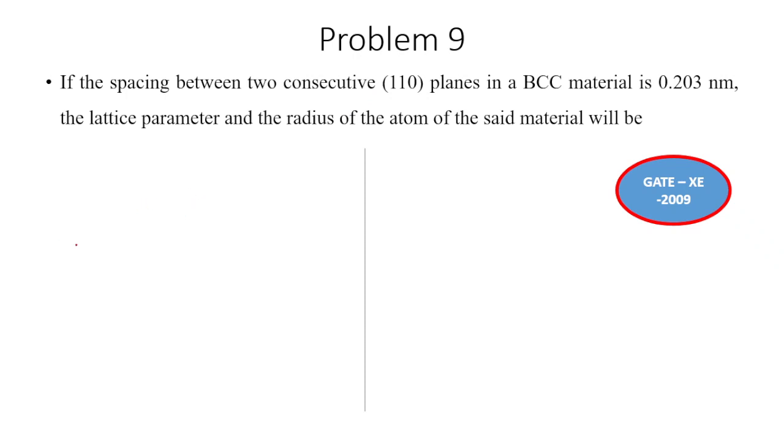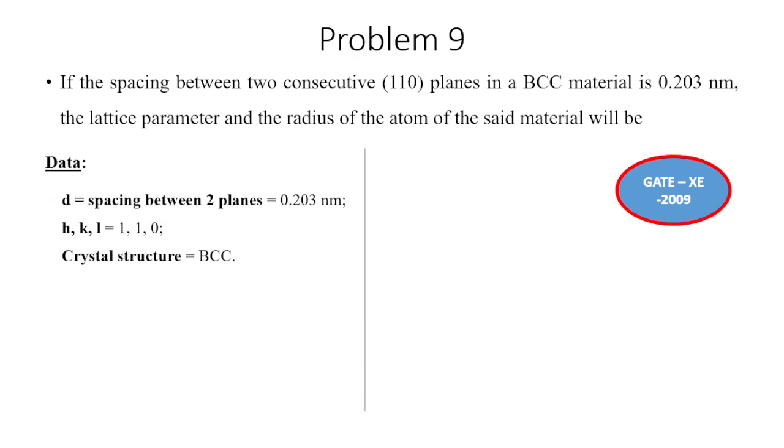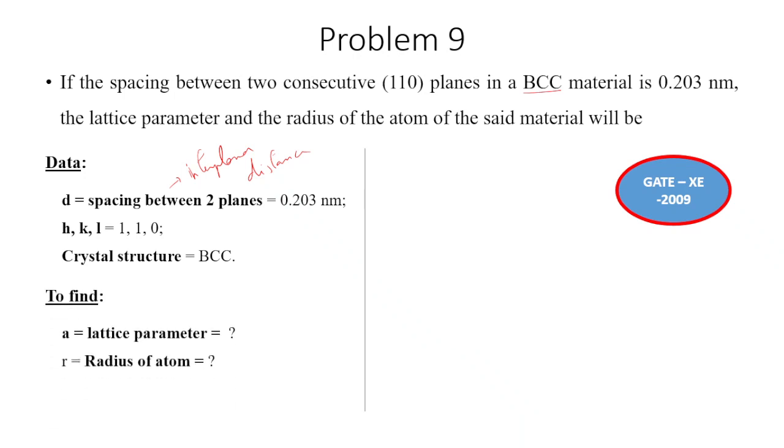First we'll write the data. The spacing between the two planes is given, that is d, also known as interplanar distance. HKL values are given and the crystal structure is also given, right? We should find the lattice parameter and the atom's radius.